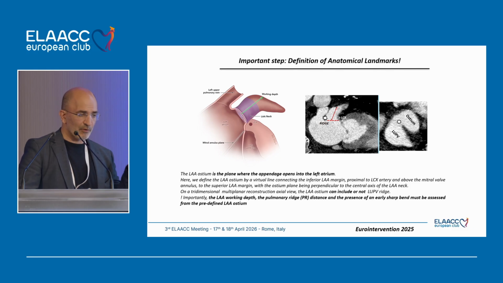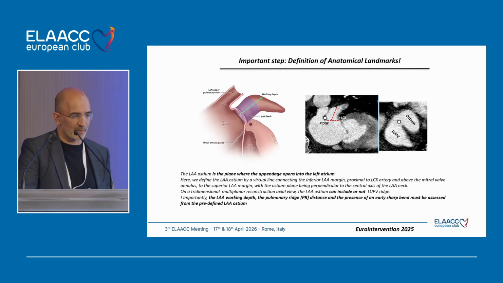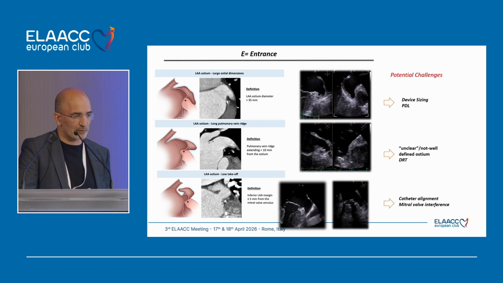And on the 3D MPR view, it can include or not the Coumadin ridge. And based on this anatomical ostium that you need to define first, you can have the working depth, the Coumadin ridge distance, and the presence or not of an early sharp bend, as I will show here.